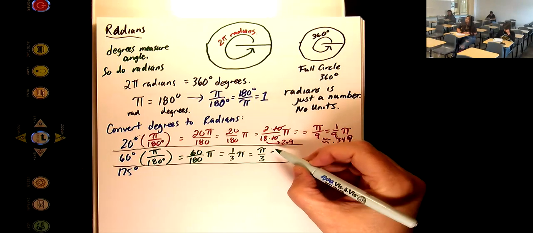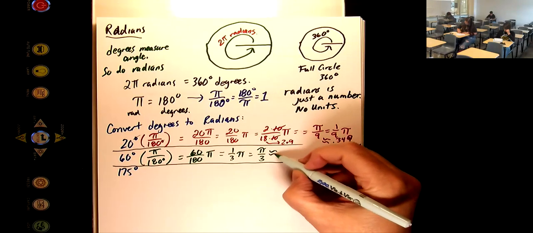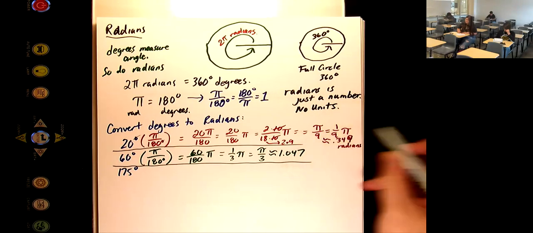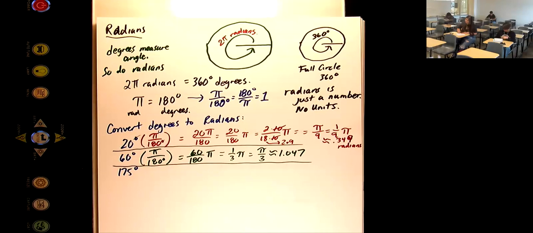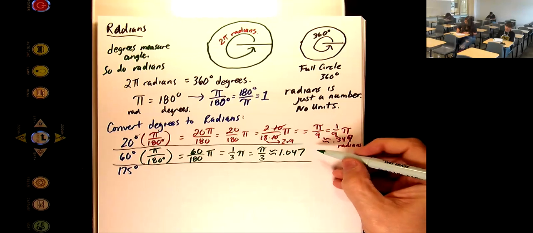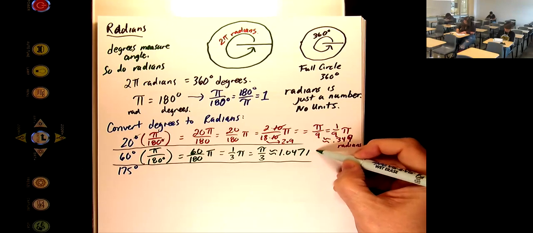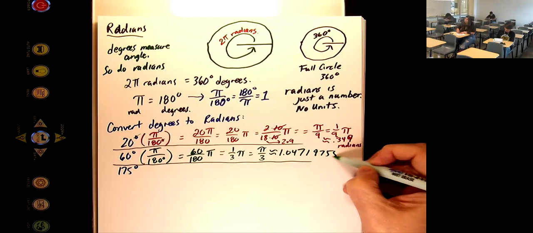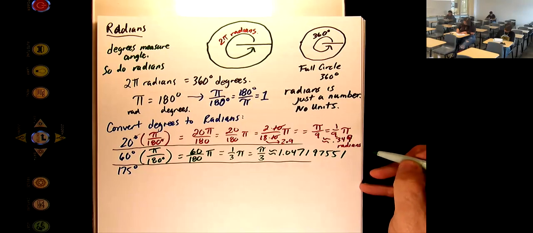This is approximately 1.047. This actually has a lot of decimal places. If I were to keep writing everything that my calculator shows before rounding, it keeps going.